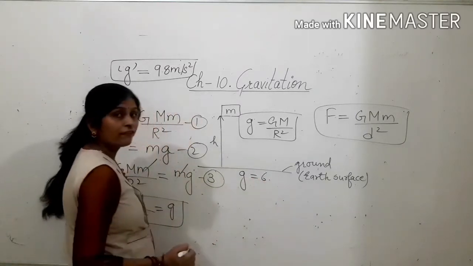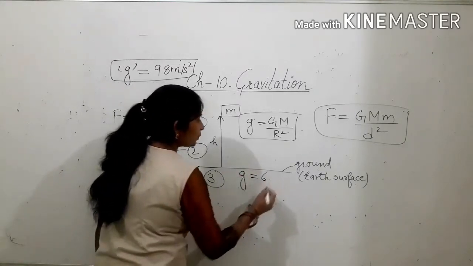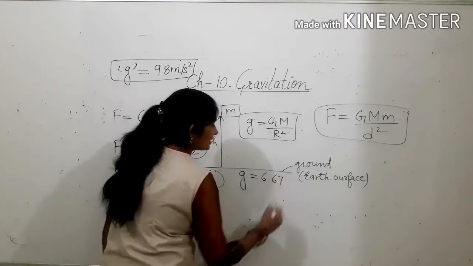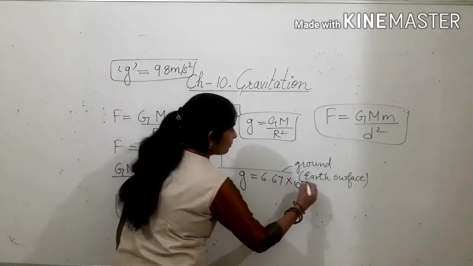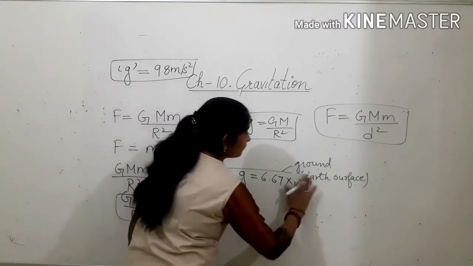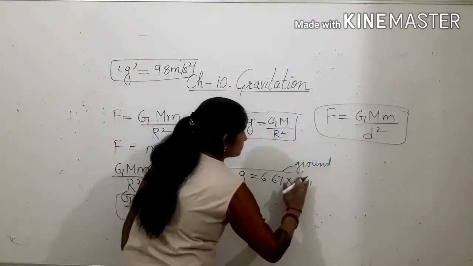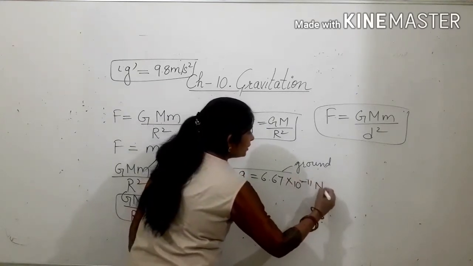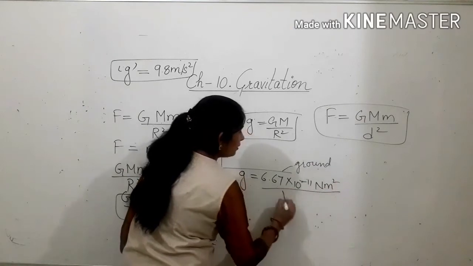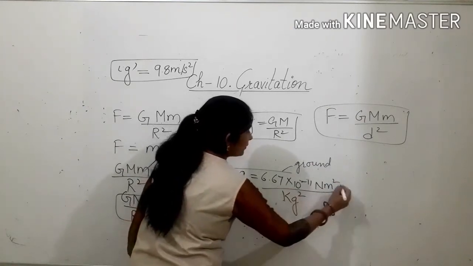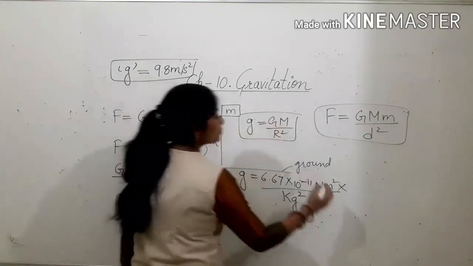In round figures, we write 6.673 as 6.67 into 10 to the power minus 11 Newton meter square upon kg square, into mass of earth.